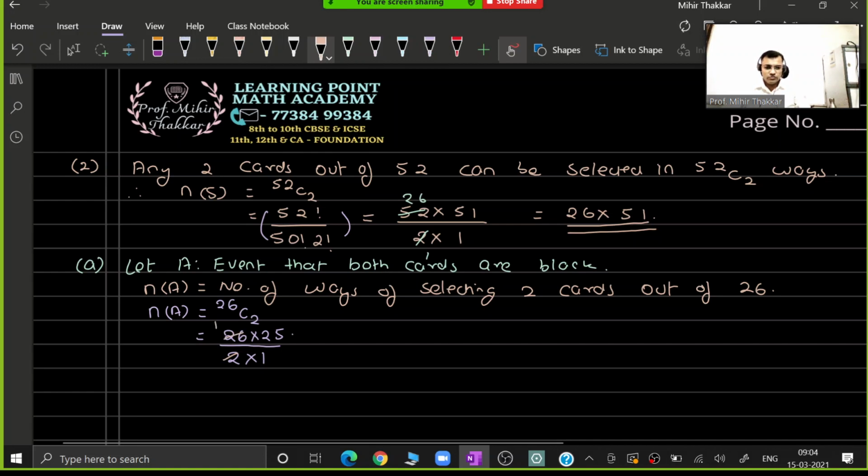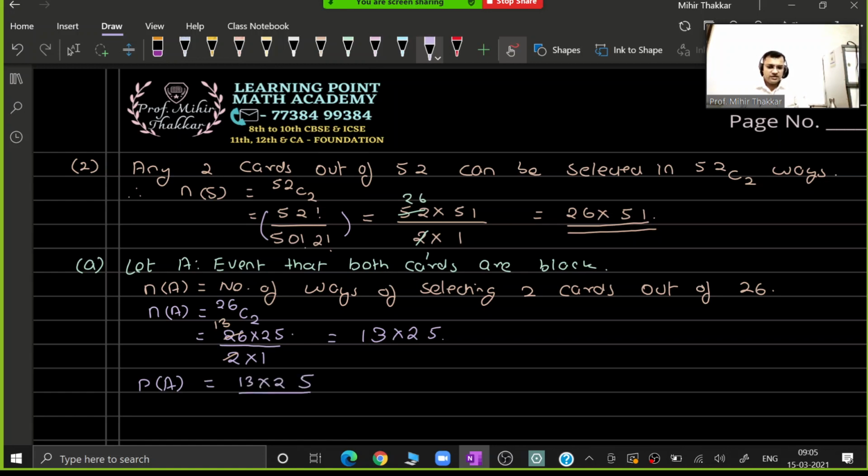This will come out to be equal to 13 into 25. Now when I want to calculate my P of A, I will say over here 13 into 25 divided by n of s, which is 26 multiplied by 51. So again over here, these both numbers will get cancelled off. So I get 25 upon 2 into 51.